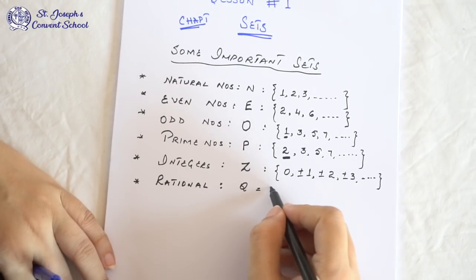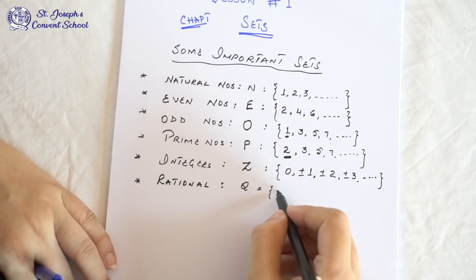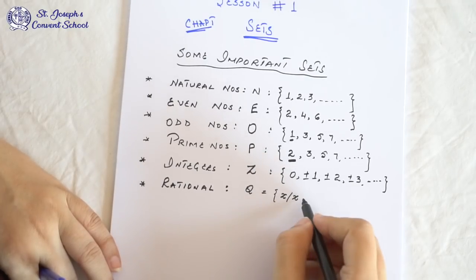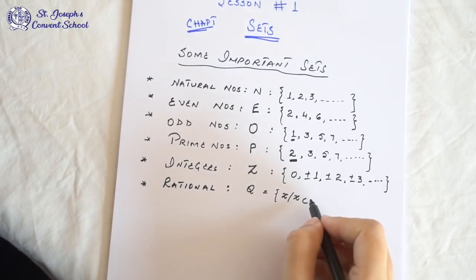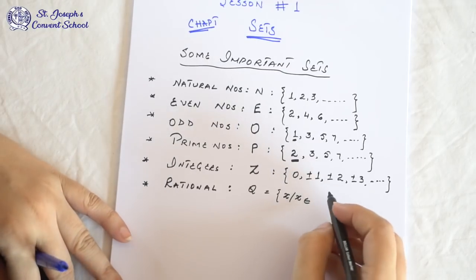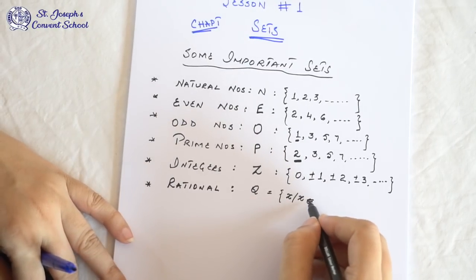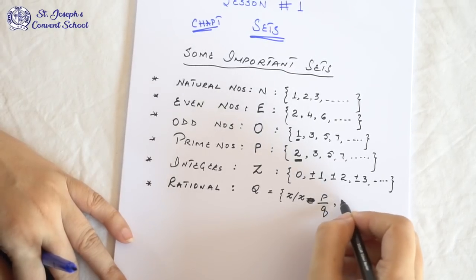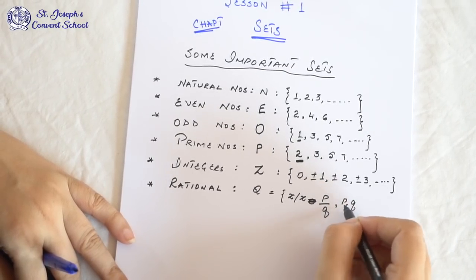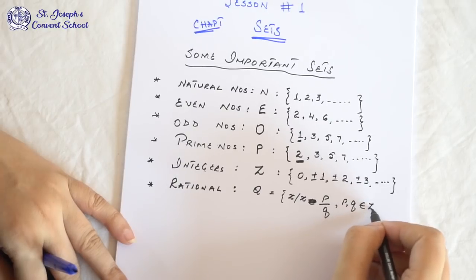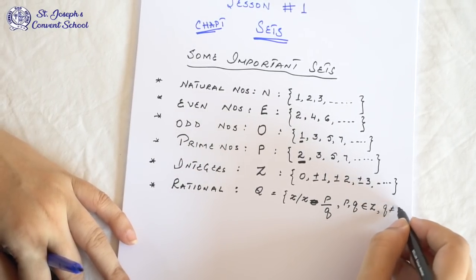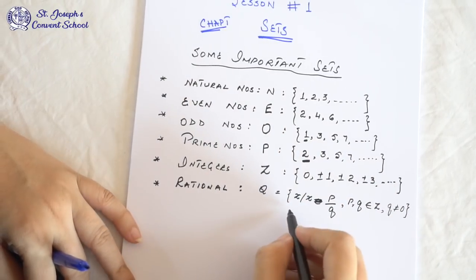We use set-builder notation to write this: x such that x belongs to Q, x equals p upon q, where p and q both belong to Z, and q is not equal to 0. These are actually fractions.